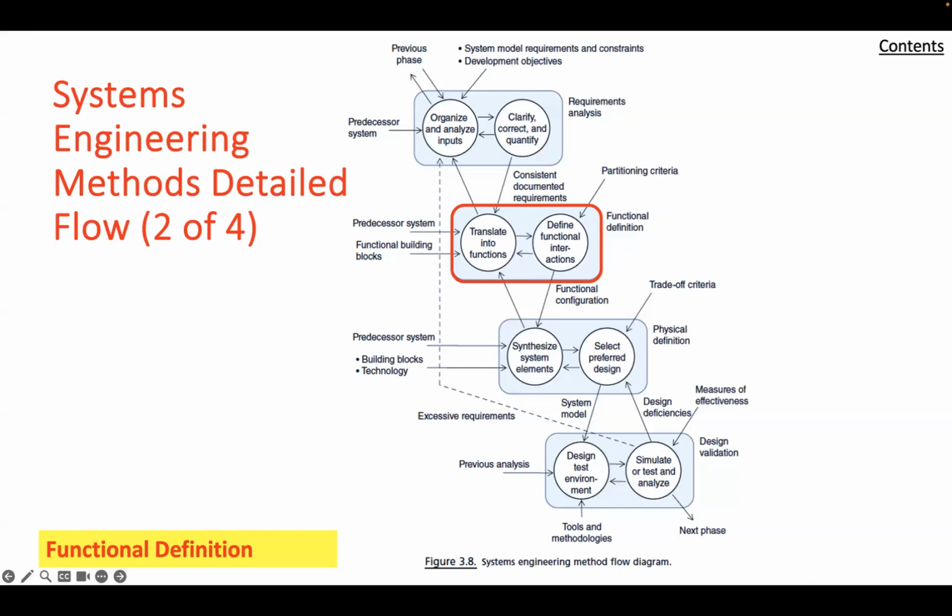A necessary ingredient in this activity is the early identification of the significant functional interactions and the way in which the functional elements may be aggregated so as to group strongly interacting elements together and make the interactions among the groups as simple as possible.